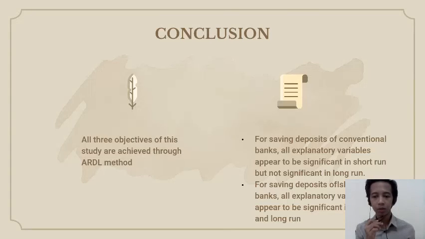For saving deposit of conventional bank, all explanatory variables, which are GDP, inflation rate, interest rate, and money supply, appear to be significant in the short run but not significant in the long run, as we can see earlier. For saving deposit of Islamic bank, all explanatory variables, which are GDP, inflation rate, financing rate, and money supply, appear to be significant in the short run and also in the long run.